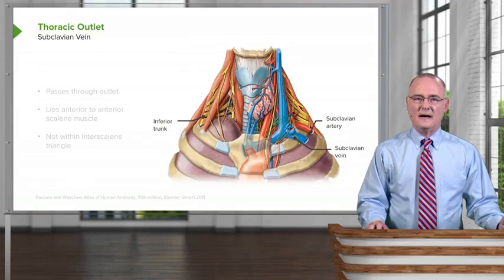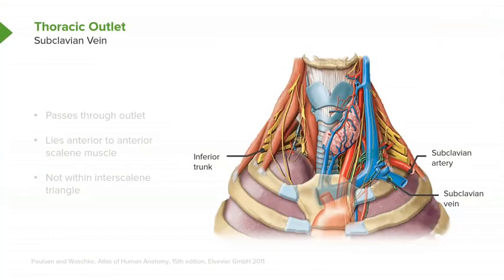Now we're going to identify another structural component here, and that is the subclavian vein. And as we look in the illustration here, we see the subclavian vein passing through the thoracic outlet.